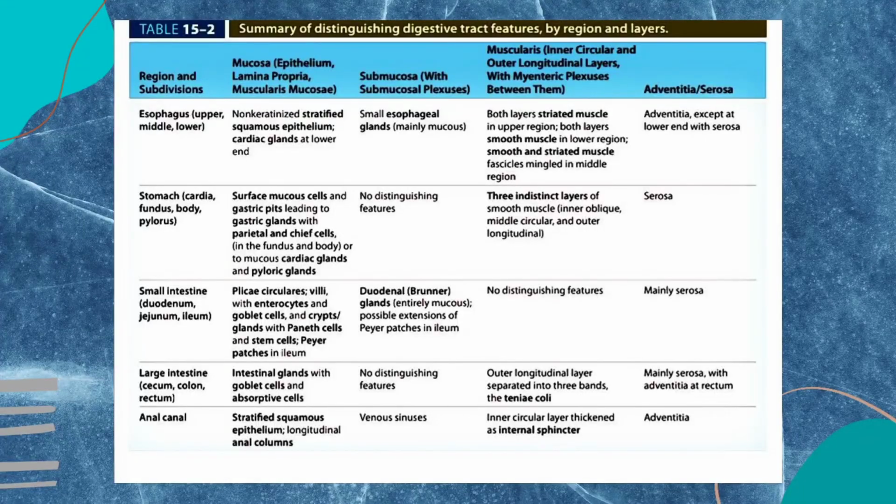Moving on to our last slide, which shows the summary of distinguishing digestive tract features by regions and layers. Before that, let me give you first a recap about the large intestine for you to be able to understand this table. The large intestine is divided into 3 sections: the short cecum with the appendix, the long colon, with its ascending, transverse, and descending parts, and the rectum.